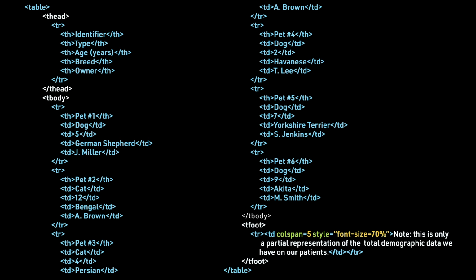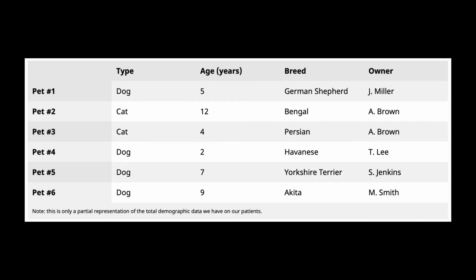That means that this table data element will span all 5 columns, and it contains ancillary information that indicates that this is only a partial representation of all the demographic data that are included about the patients at this veterinary practice. This code would display like this.